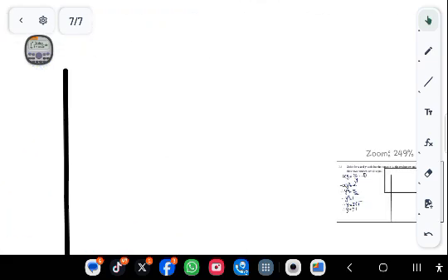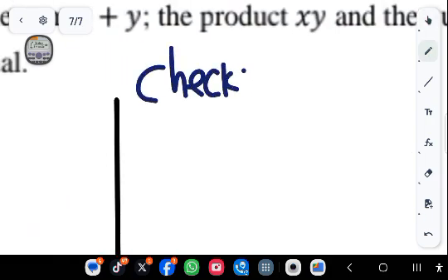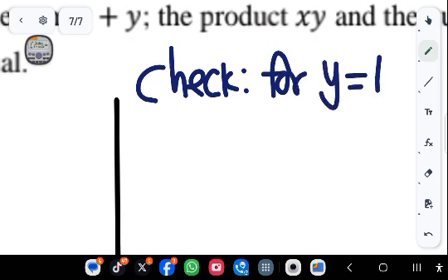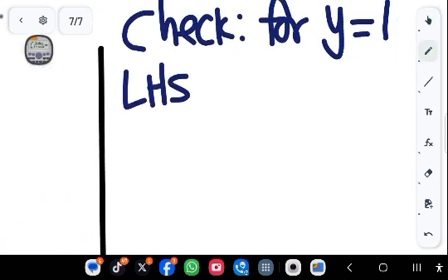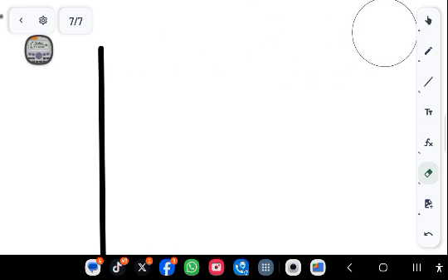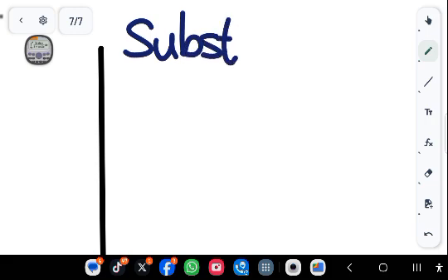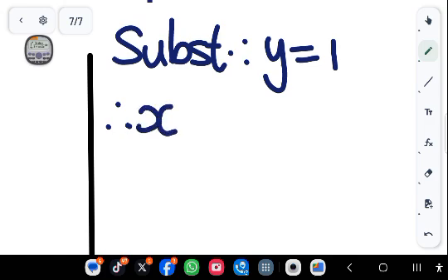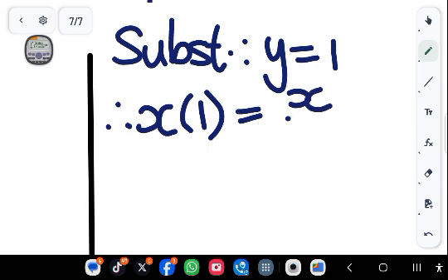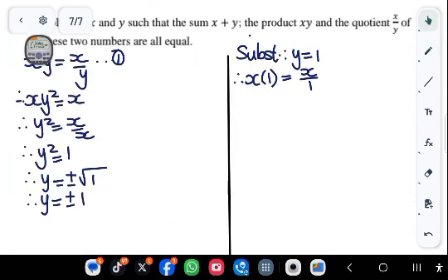All right, check. Let's substitute. For y equals 1, x times y must be equal to x over 1.